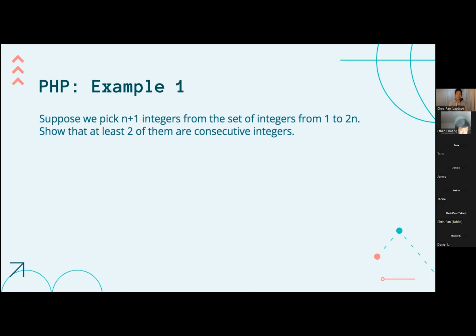Don't worry if you can't get this, because the first time you try to solve a question with pigeonhole, it is a bit weird trying to figure out where the pigeons and the pigeonholes are. So we're just using this as an example to show you.